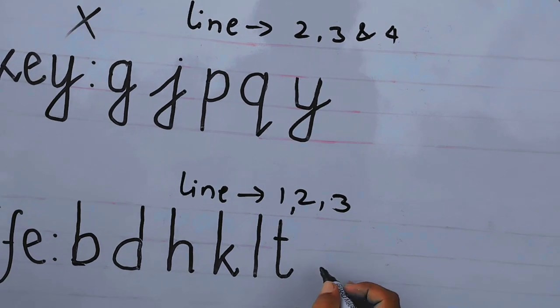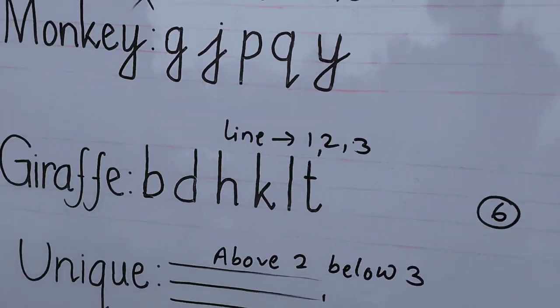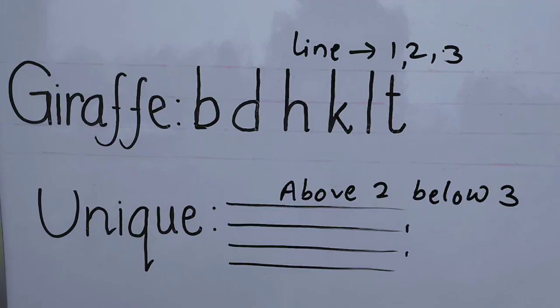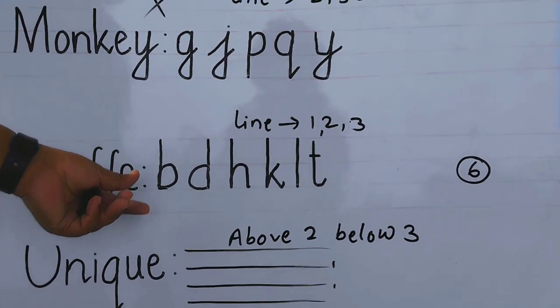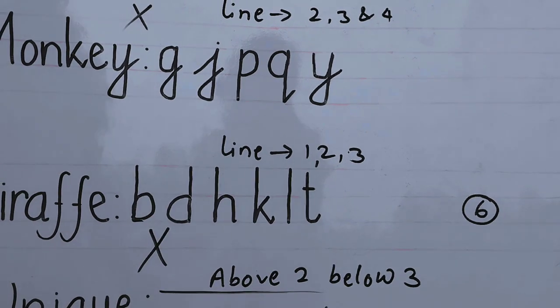And 6. So for giraffe letters, you use the first, second, and third lines. Only the fourth line has nothing to do with this.